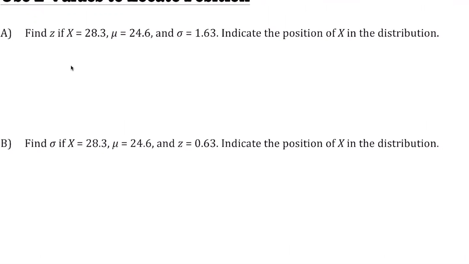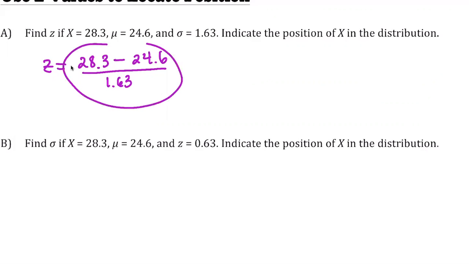So if we plug in everything in their respective locations, this one is asking me to find z. So I'm going to plug in 28.3 for x, 24.6 for my mean, and 1.63 for my standard deviation. And honestly, if you type all of this into your calculator, it's going to give us z equals 2.30.